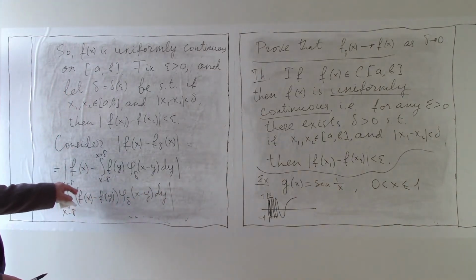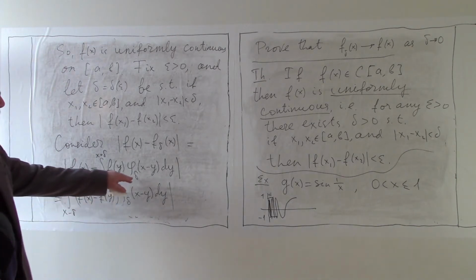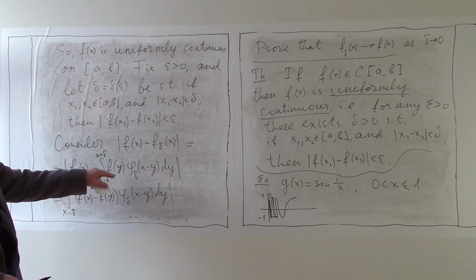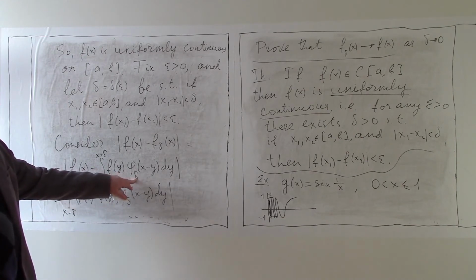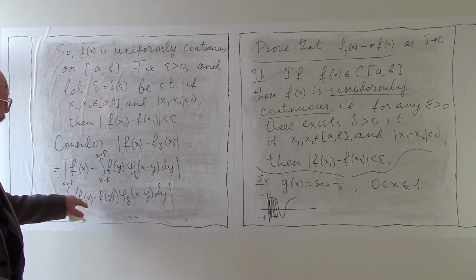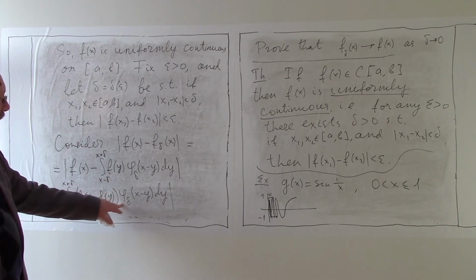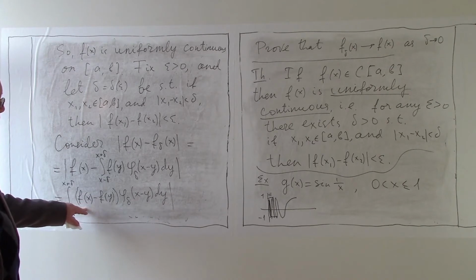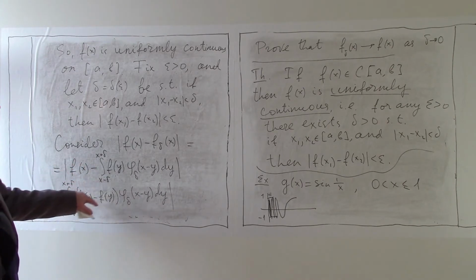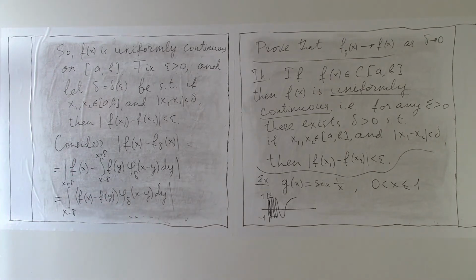Simply because f(x) is constant in this integration and the integral of phi_delta equals 1. So the integral of f(x) times phi_delta equals f(x), and instead of putting it outside the integral, we can insert it inside.